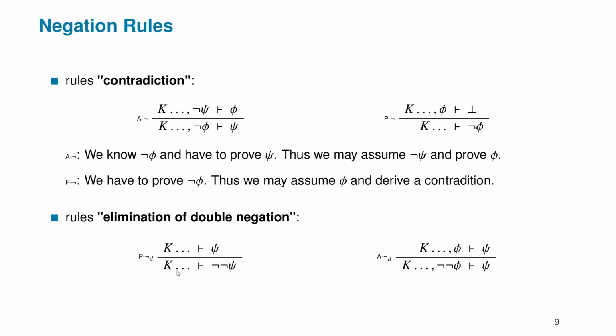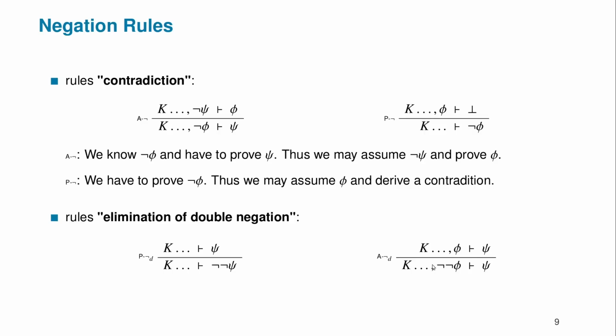So if we want to prove that not not psi is valid, then it's enough to show that psi is valid under some assumption. And read in the other direction, if we know that psi follows from some assumptions, then we can conclude that not not psi also follows from this assumption.